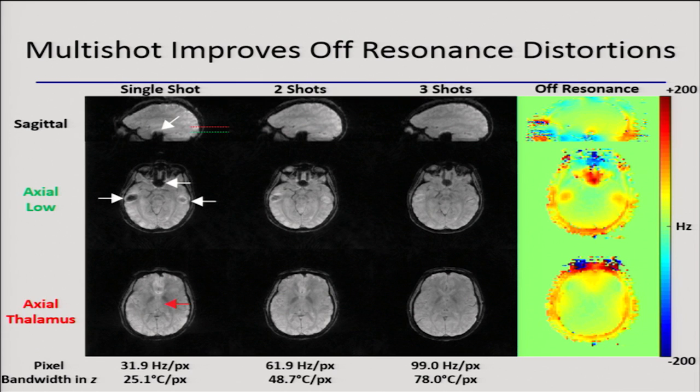However, we can minimize those off-resonance distortions by shortening the echo train, so going to 2 shots and 3 shots, and we can see that those distortions become minimized at higher shots. And importantly, at higher areas of the brain, particularly in areas like the thalamus, we can see that at any multi-shot factor, there are no off-resonance distortions.